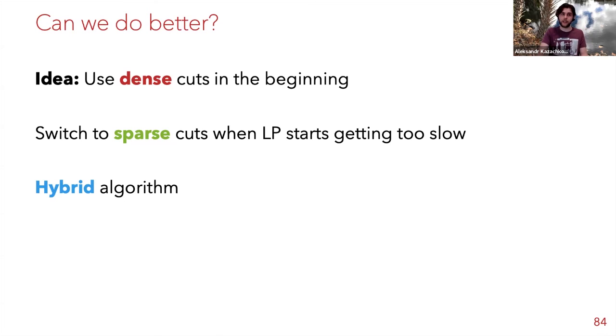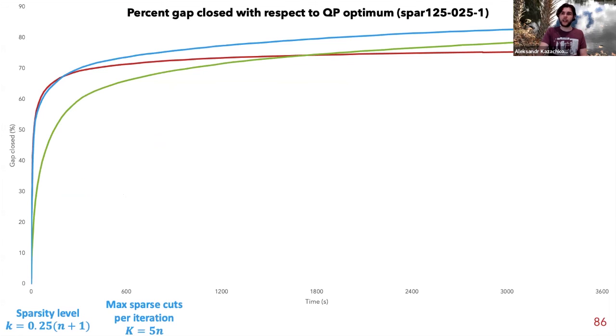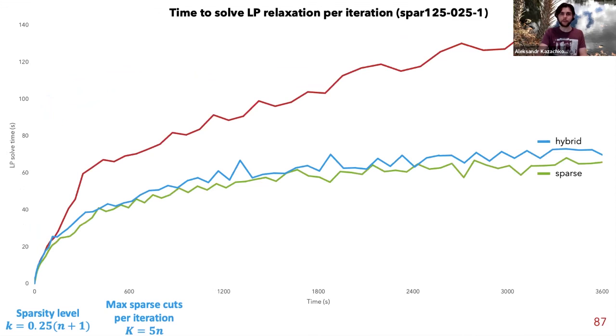This combination of the cuts is the key to our hybrid algorithm, which, as you can see in this plot on that same instance, is able to capture the performance of dense early on, the very fast convergence, but then also prevent the tailing off, at least to the same extent as dense is seeing, and further improve the solution over the course of the hour.